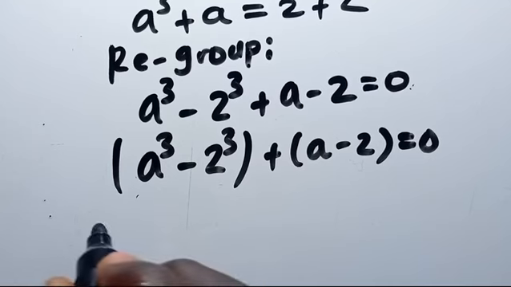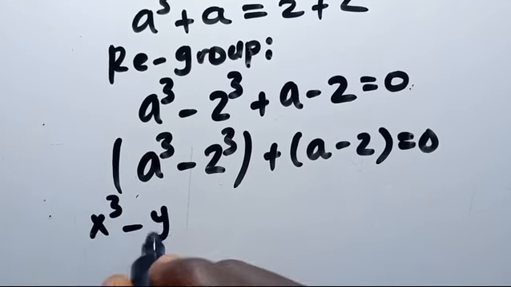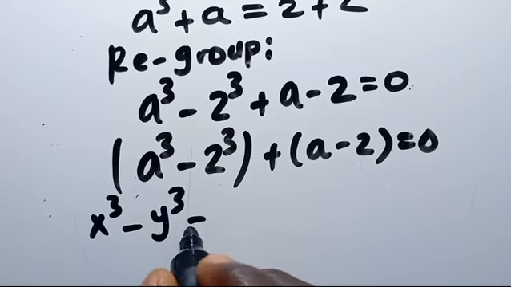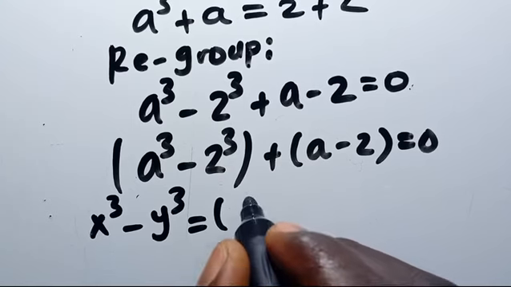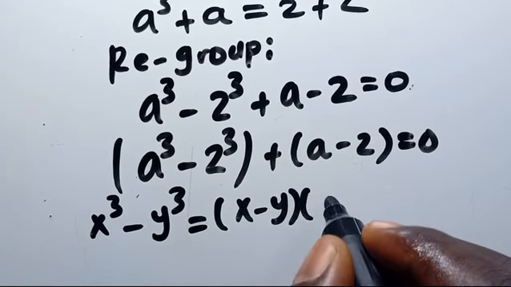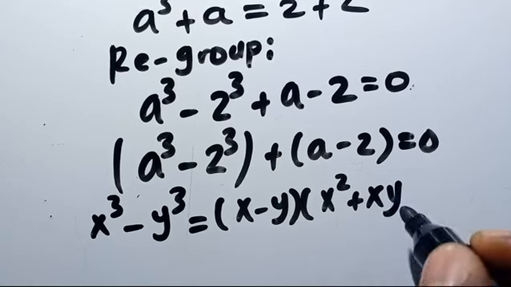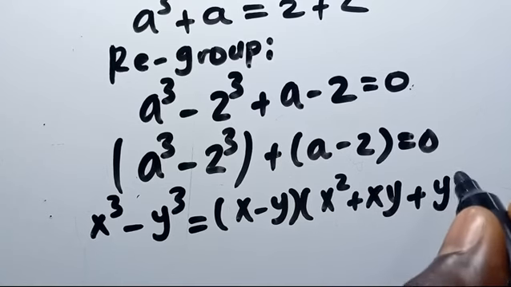So from here, when you have x to the power of 3 minus y to the power of 3, it will always equal x minus y times x squared plus xy plus y squared.